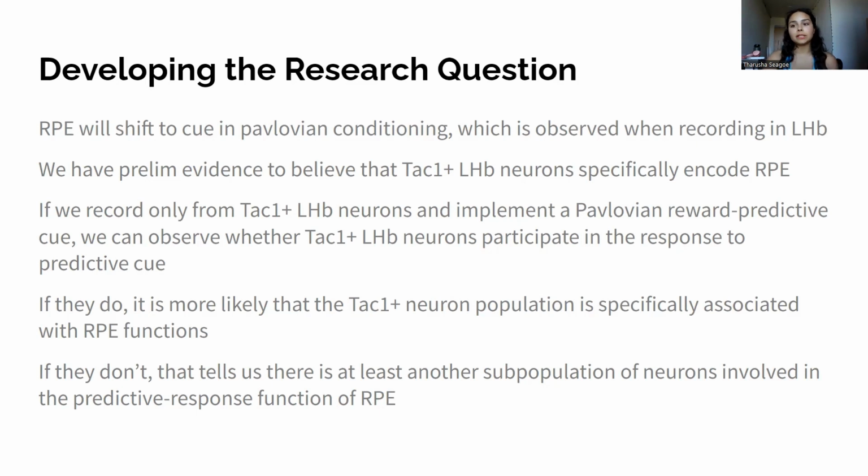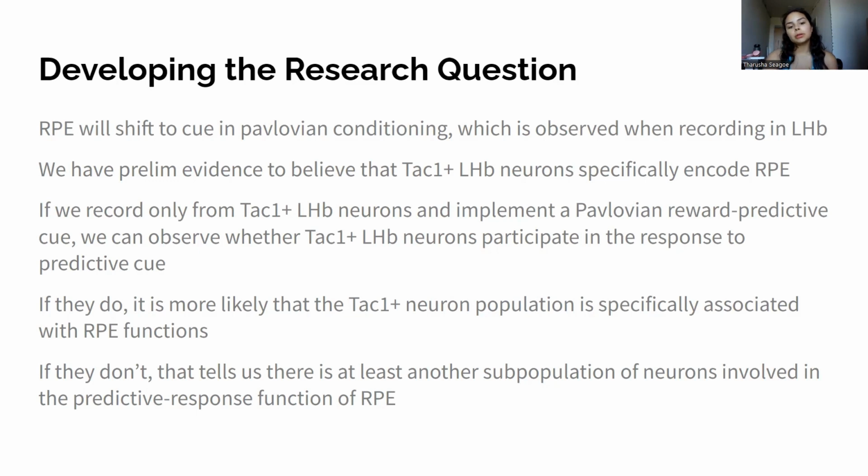But since we have this evidence that leads us to consider the idea that these Tac1 neurons are specific to RPE, we would like to record from Tac1 neurons and then implement this Pavlovian conditioning style task to see whether the Tac1 neurons are responding to the predictive cue, in the case of a low probability predicted cue, because that would be the more negative reward prediction error outcome.